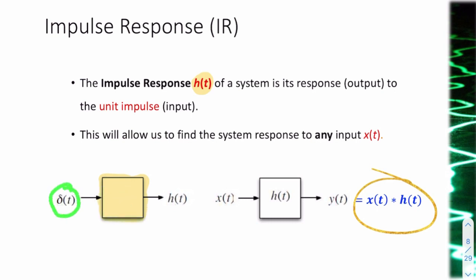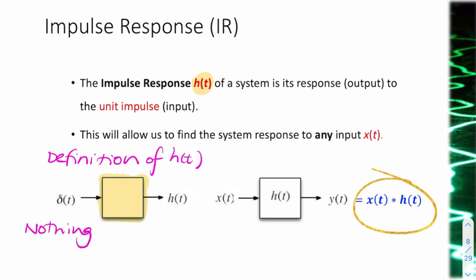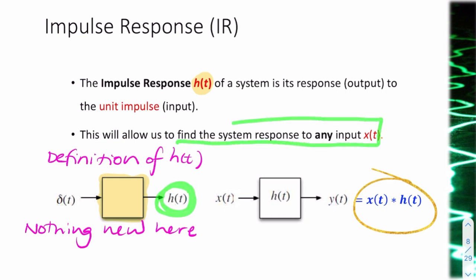If I apply an impulse to the input, the output is the impulse response. Anything new here? No, this is, if you like, the definition. So nothing new. But what is new is that knowing this, I can find the output to any input.